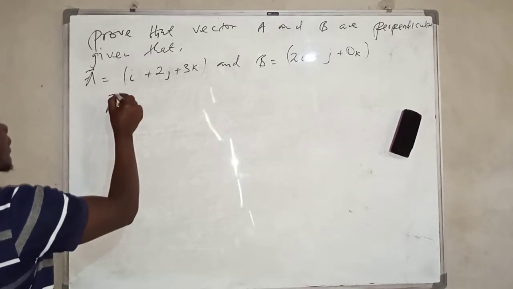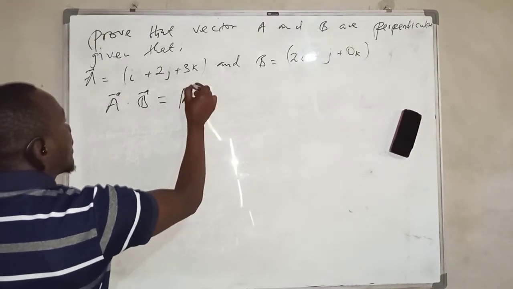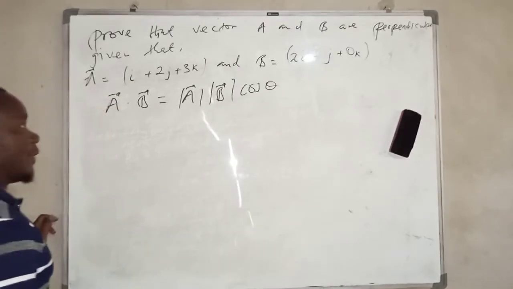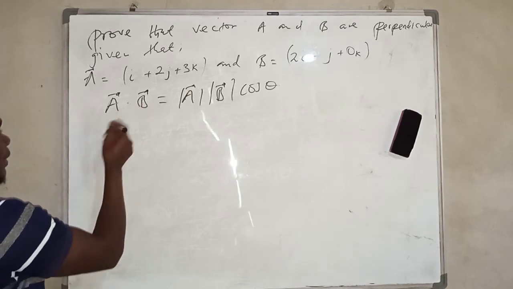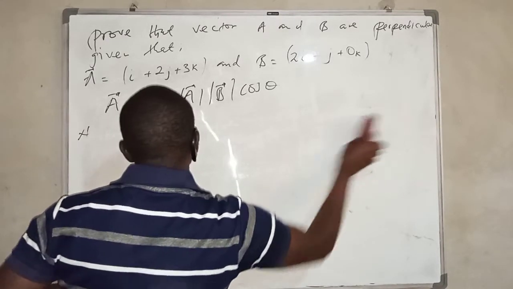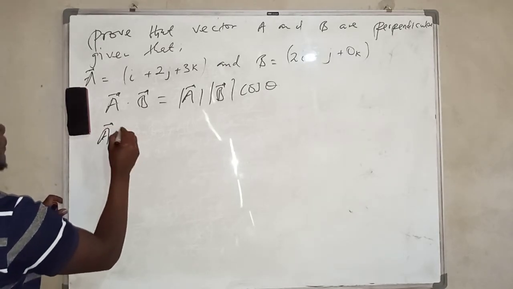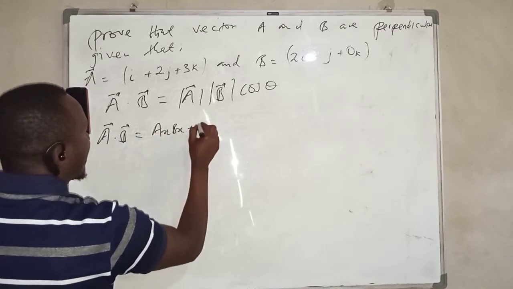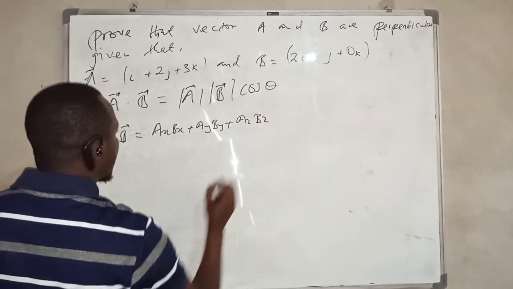So we have A dot B, that must give us the magnitude of A times the magnitude of B, then cos theta. So this is what we are going to use. But we know that A dot B is AX BX plus AY BY plus AZ BZ.